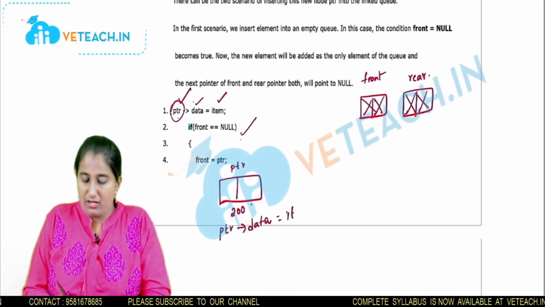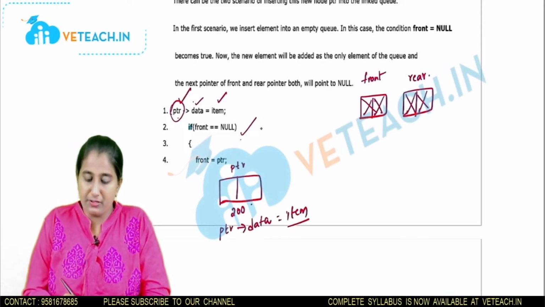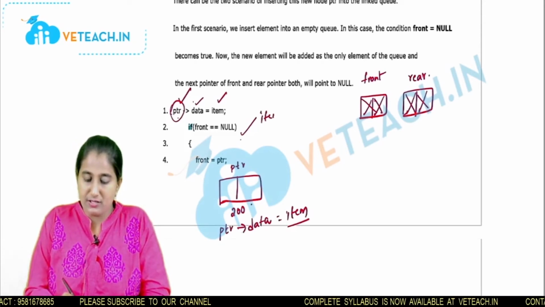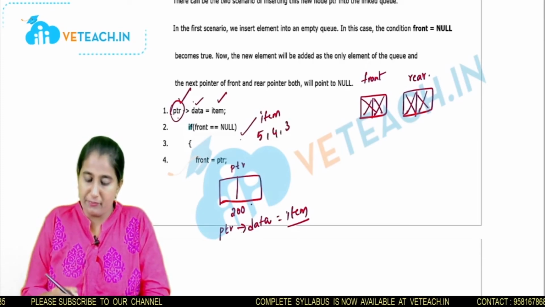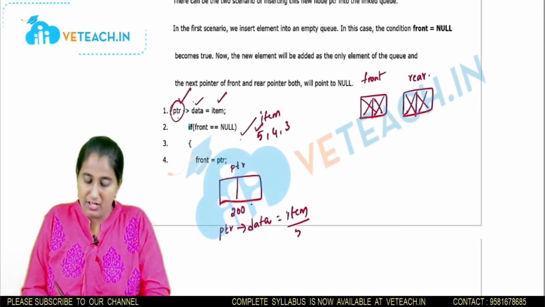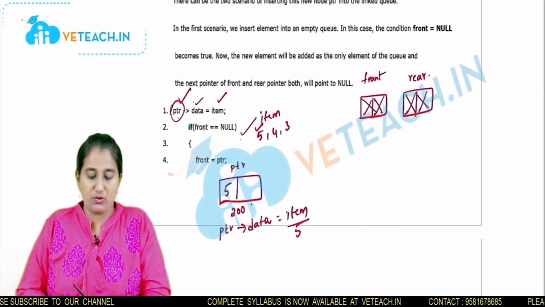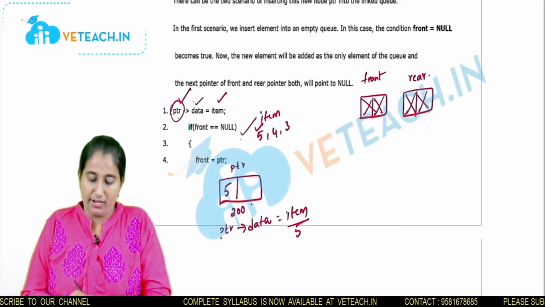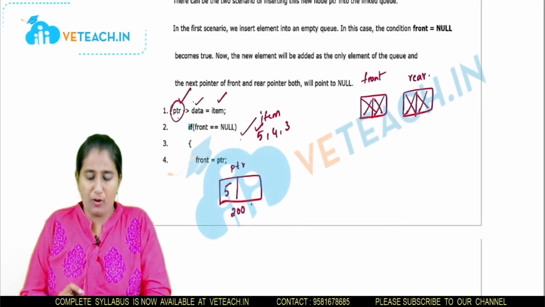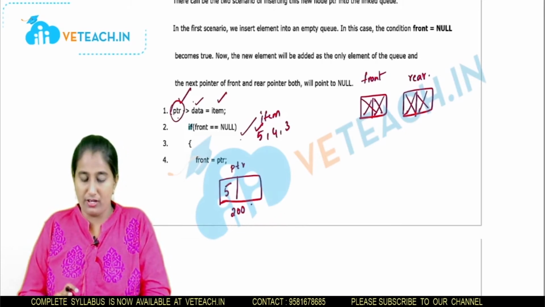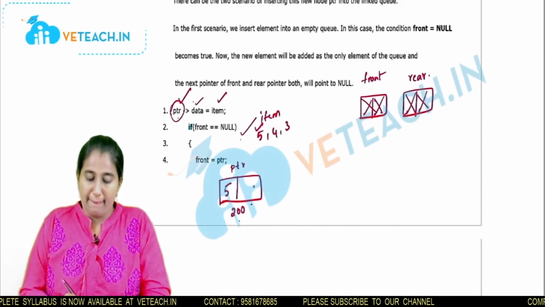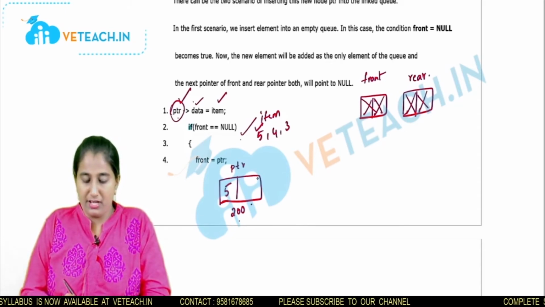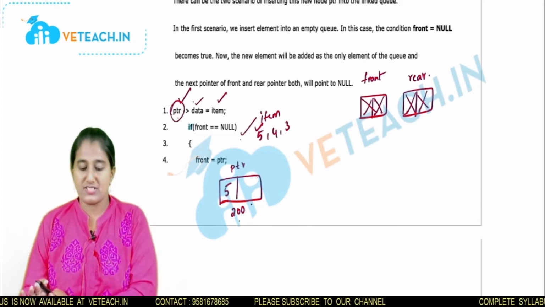Here, for example, the first element is 5, so 5 is going to be inserted. Now the pointer has been created with a node at location 200 and the element is 5. Here nothing has been updated, they have just placed empty.